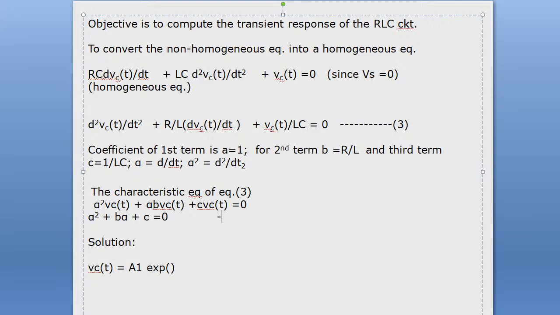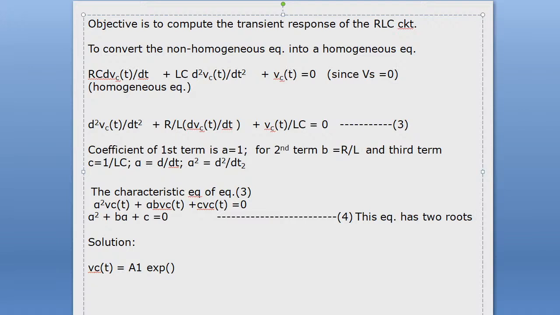Equation 4. This equation has four roots. This equation has two roots. This equation has two roots because it is a square, so two roots. Let me say the roots are alpha 1 and alpha 2.